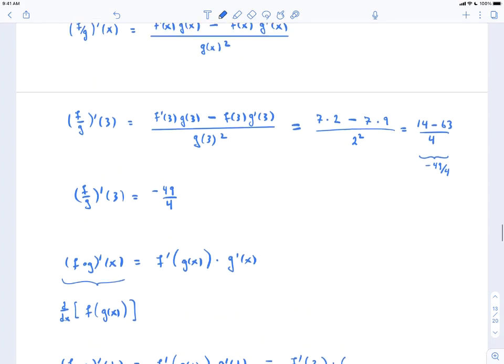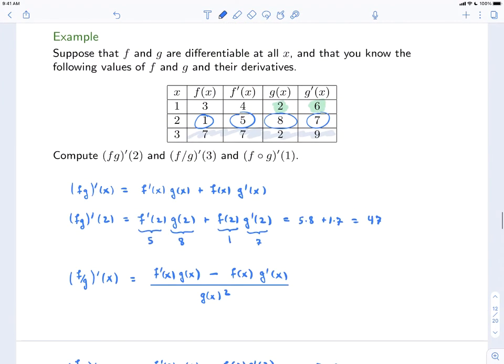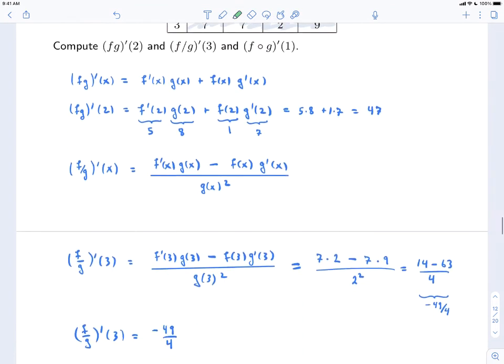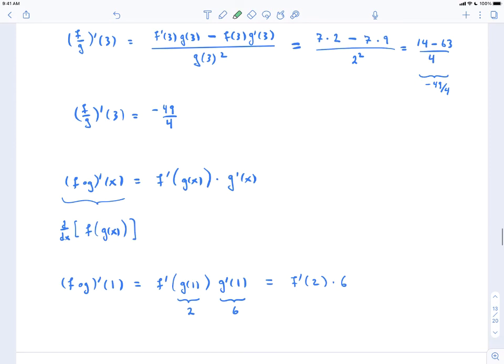And what is f prime at 2? F prime at 2, that's this value right here, 5. So we have 5 times 6, which is equal to 30. And that's our answer.